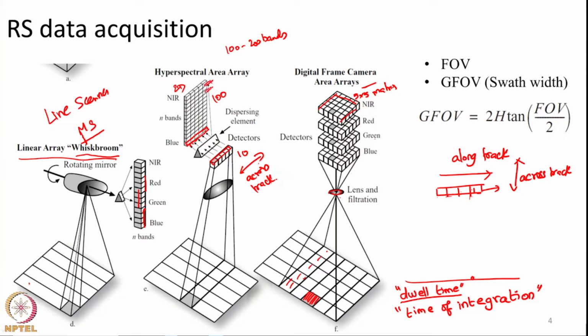Say this is band 1, this is band 2 and so on. That is, one row will collect data in one particular band. So, if there are 10 detector elements in the across track direction, 10 different ground points will be imaged simultaneously, and the detector will have 10 detectors per band. So, if there are 100 bands, it is 10 into 100, 1000 detector elements. This is an example for data collection for hyperspectral sensors.